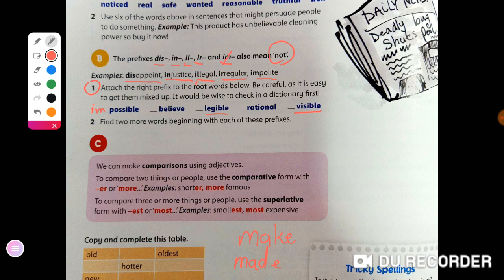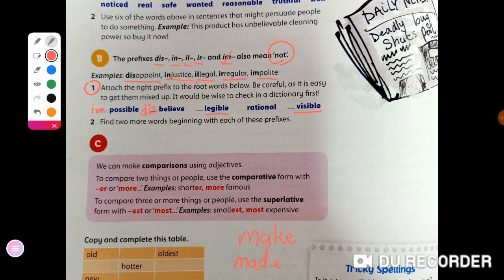Is it disbelieve, or inbelieve, or illbelieve, or irbelieve? We already used im. Disbelieve. Yes, if that was your answer, then you are right.